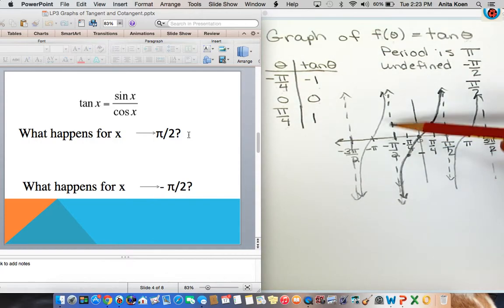That's why at negative pi over 2 and positive pi over 2 we have asymptotes, because the sine at pi over 2 is 1 and the cosine is 0. That's why 1 divided by 0 is undefined. And the same thing happens at negative pi over 2. When you think about the unit circle at negative pi over 2, the sine is negative 1, the cosine is 0, so we're undefined at negative pi over 2.